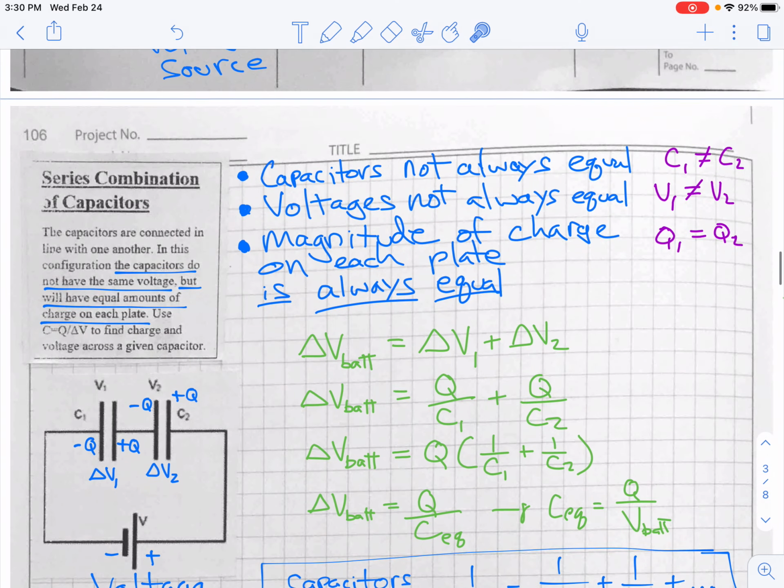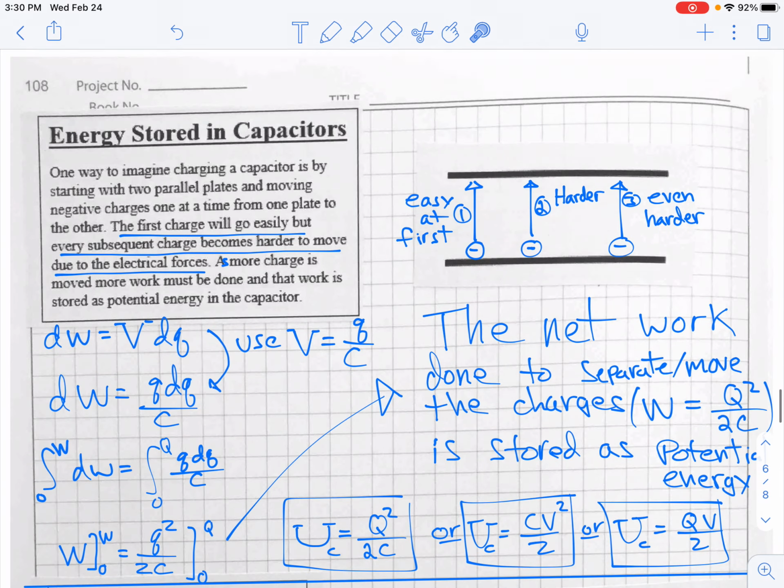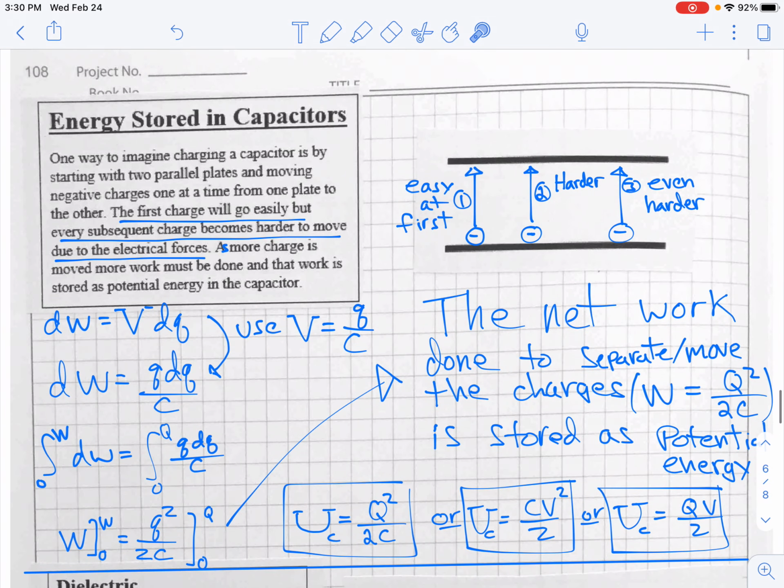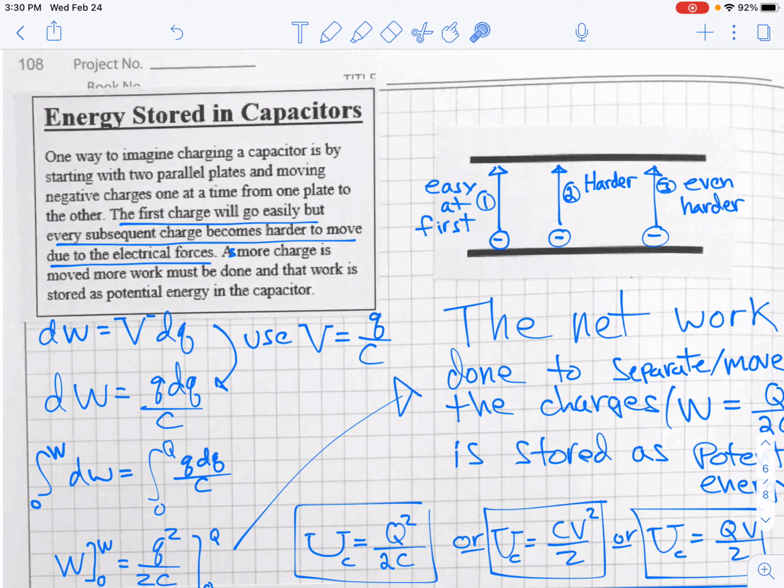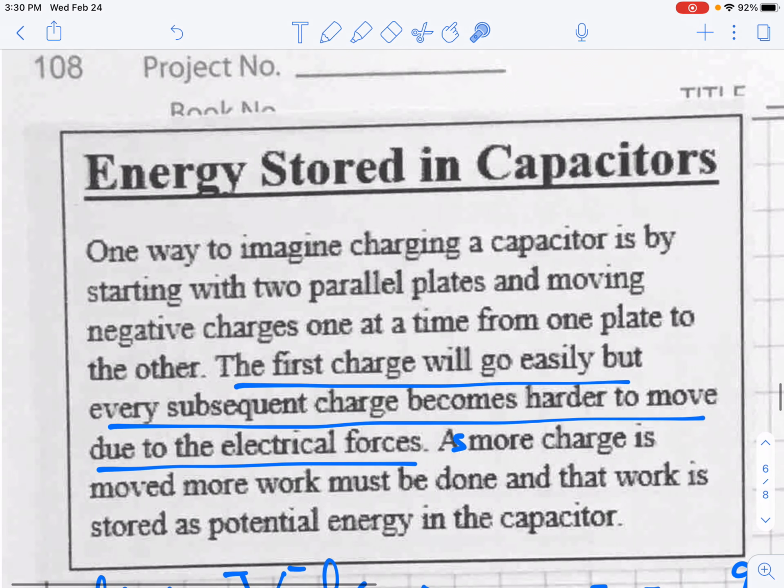We are going to skip over the next few examples and go over the energy stored in a capacitor. One way that you can imagine charging a capacitor is starting with 2 parallel plates and moving negative charges one at a time from one plate to the other. In reality, charges would flow off the plate into the battery, and other charges would flow from the battery to the opposite plate.